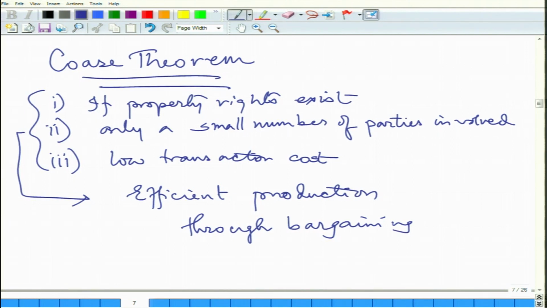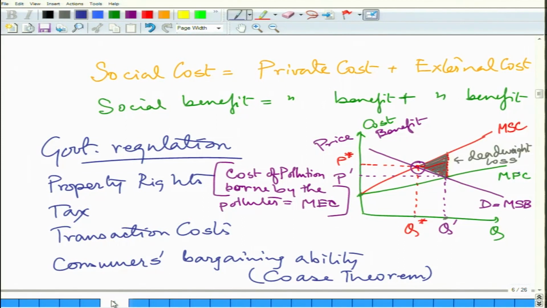So what happens when the production cost, the transaction cost is low, and only a few members are involved, so there is no chaos and not many decisions? If there are not too many decisions, then it is easier to take a decision, and the delay is not much, so the transaction cost overall goes down, and the property right is there.